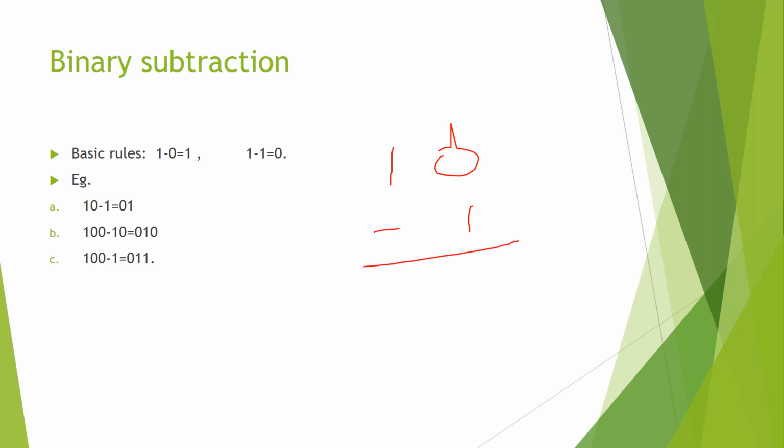It is impossible to subtract 1 from a 0, so we need to borrow 1 from here. We cancel out this one, we leave 0 there, and then we have 2 here. Then 2 minus 1 becomes a 1, so you bring this 0 here.